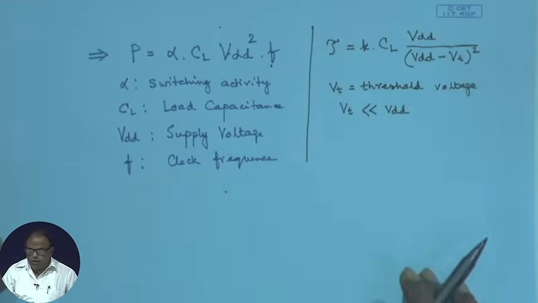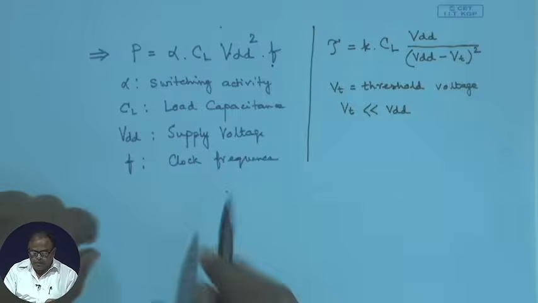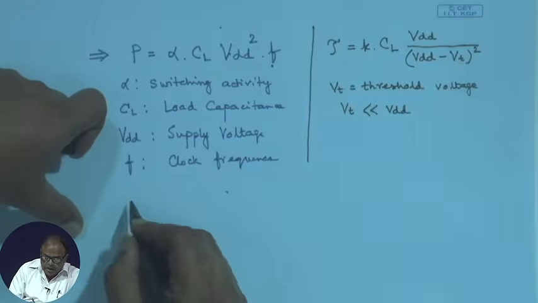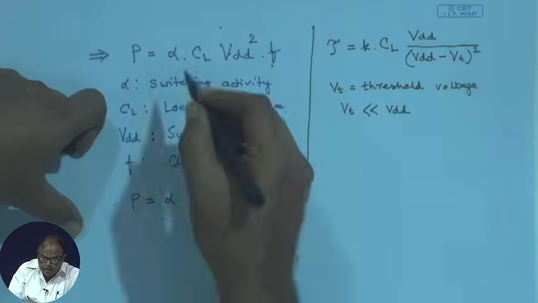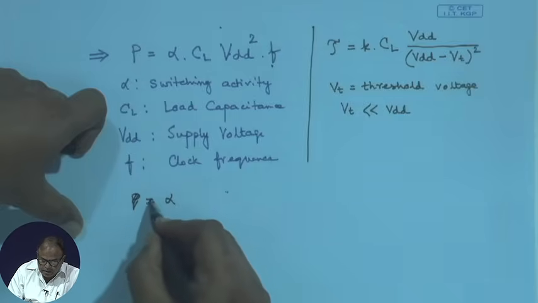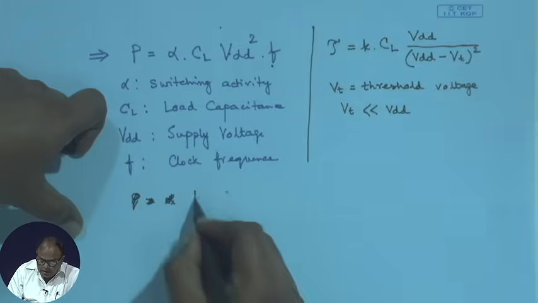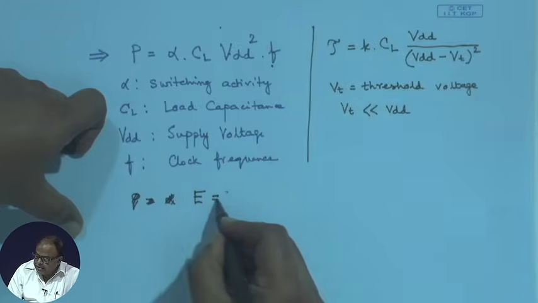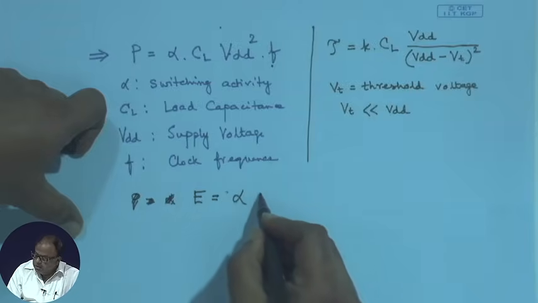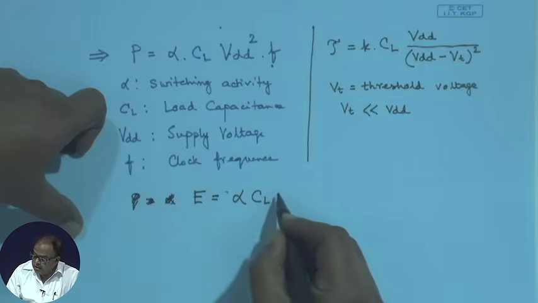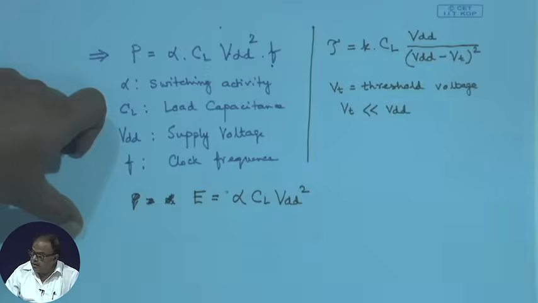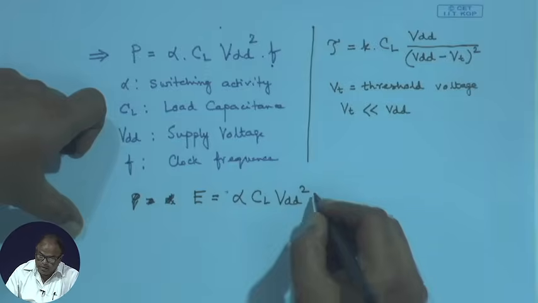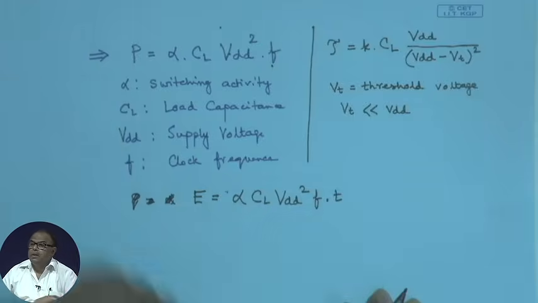Now, for energy optimization, let me keep this slide on and say P is alpha, whatever we had, that I did not write again here, but energy is alpha CL VDD square F into T, where T is the time.